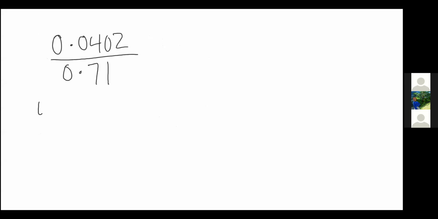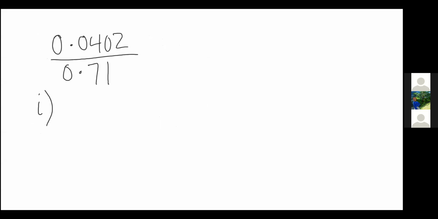All right, so the last question of the tutorial would be number 24, express 0.0402 divided by 0.71, correct to 2 decimal places. So again, I like to write this stuff. You should write your stuff down. 0.0402 divided by 0.71.